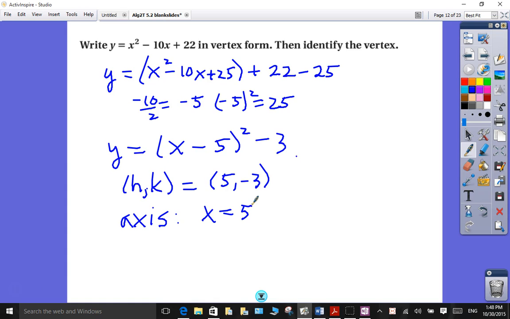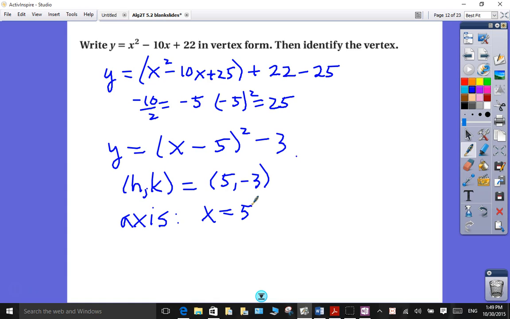Then what is the range? Negative 3, right? The lowest y coordinate is going to be that. Yeah, you did the x, but it's a range, so it's going to deal with y values, not x values.